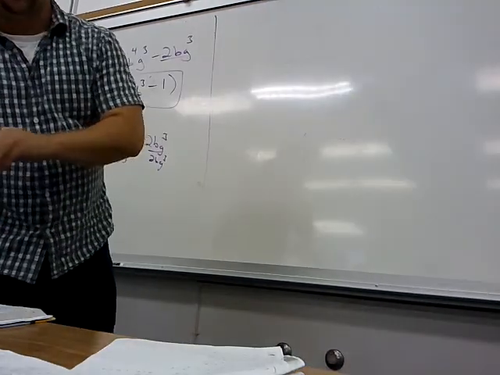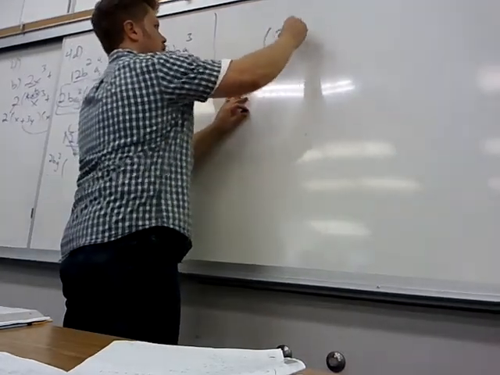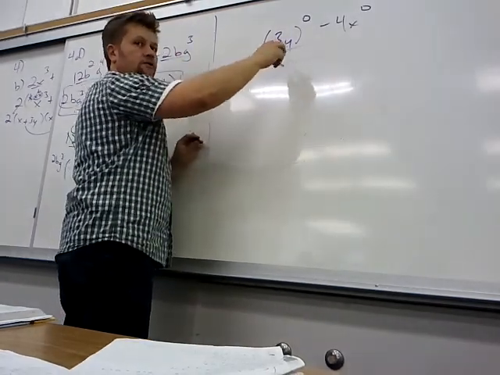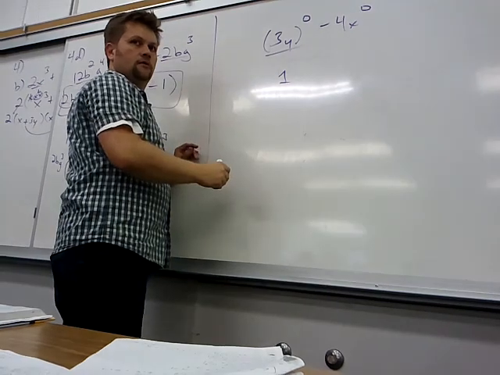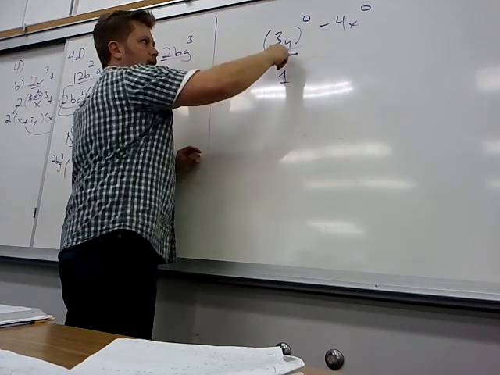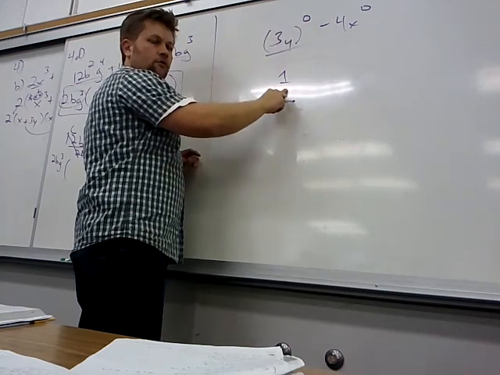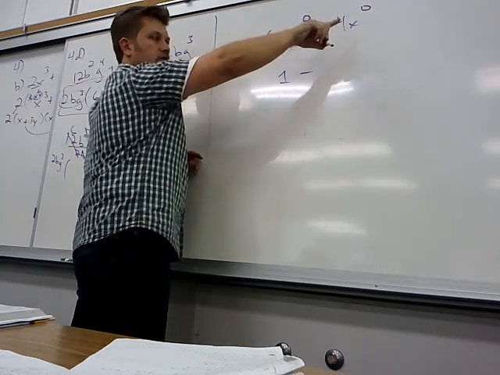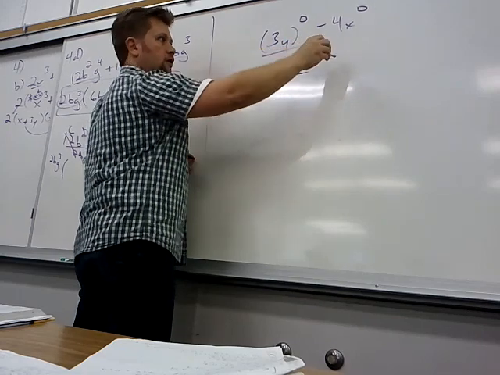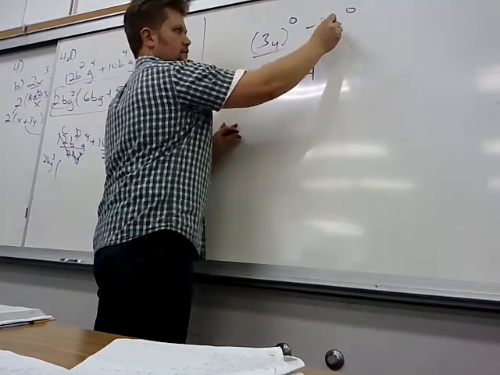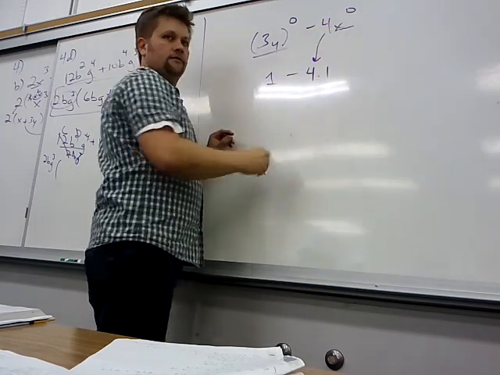So the 3y thing, this whole thing is to a 0 power, so it becomes 1. But it's not 1y. Anything to a 0 power is just 1. Now over here, what's being raised to a 0 power? Just the x. Good. So this is still a 4 times 1.